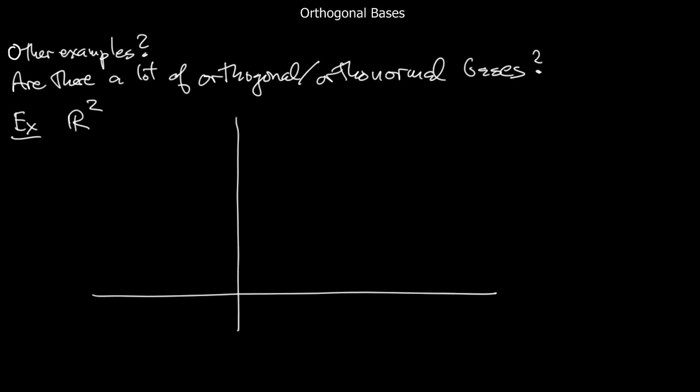Well, how do you find a basis of R2? Well, let's pick any single vector, let's say 2, 1. And now, to find an orthogonal basis, you just have to take the orthogonal complement, the line perpendicular to that, and take any vector along that line.